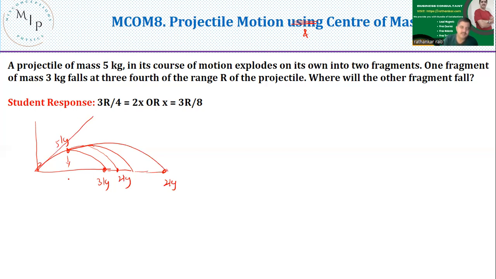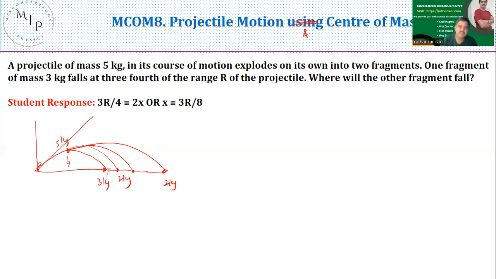Because of gravity, it started bending, took a trajectory like this, and finally the 5 kg fell here. Now, while it is going upwards, suddenly a 2 kg mass is ejected by the explosion. Where will the lighter mass fall? Will it fall here? No, definitely not. So this will fall somewhere over here.